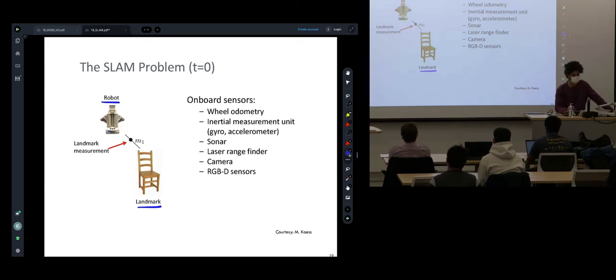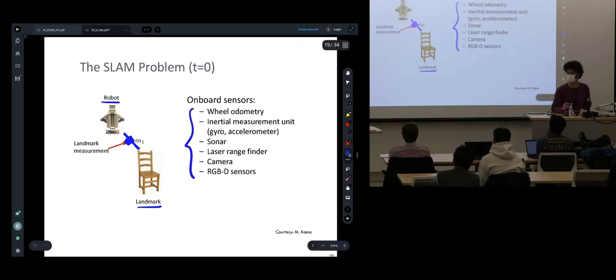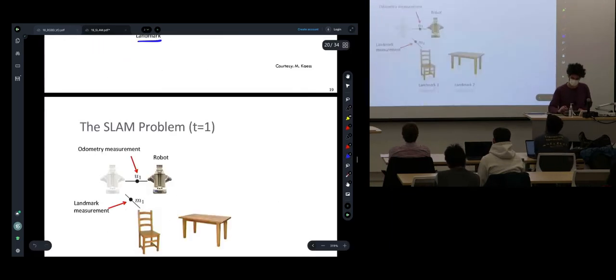So the measurement model, the constraint that you can add between your sensor on the robot and the chair, we show using this model. You can use a circle or you can also use a square, there's no difference. And you can use a variety of sensors for these constraints.